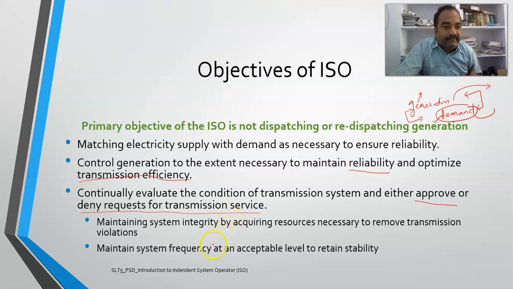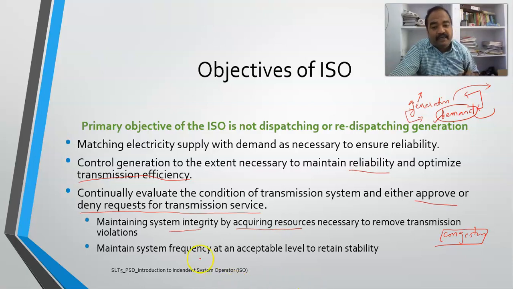If anyone asks for additional services, you should maintain system integrity by acquiring the resources necessary to remove any transmission violations. Let us suppose there is congestion in the transmission system; you are supposed to take necessary measures to overcome it. And also, the fundamental concept of power system, you should maintain the system frequency at an acceptable level to retain stability.